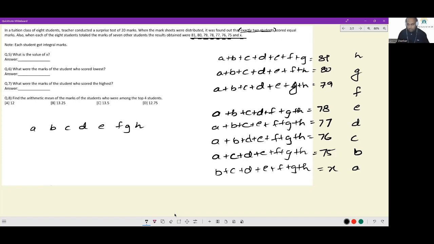Although you don't need to write them down, I've written them down in case somebody had trouble visualizing it.